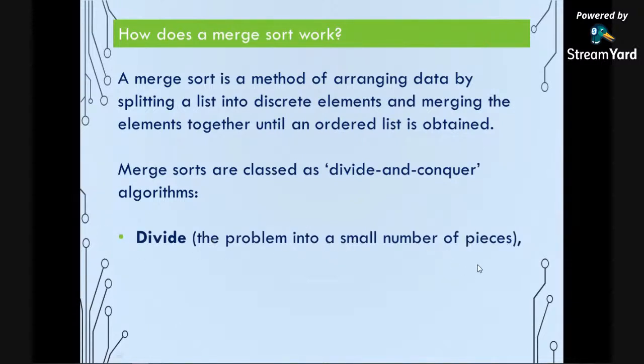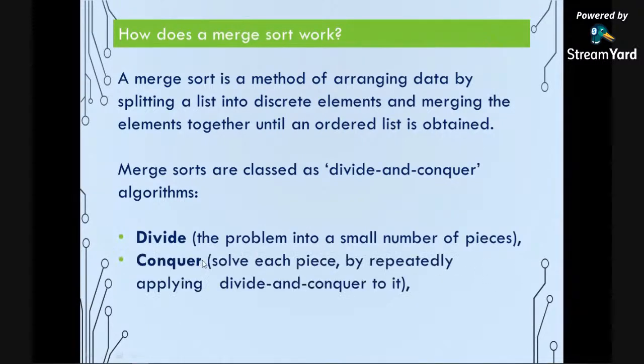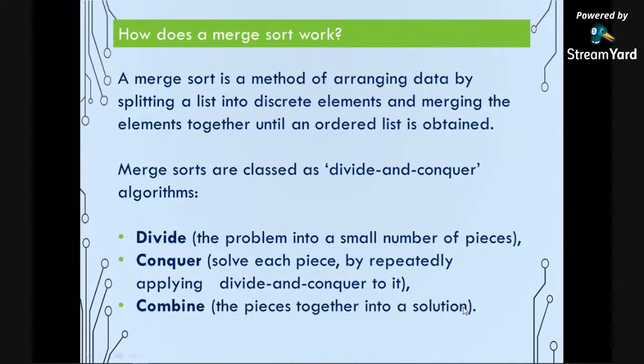You divide the problem into a small number of pieces and conquer by solving each piece by repeatedly dividing each part. So you don't have to look at the whole thing at once. You can look at parts at a time, and then you combine those pieces together into a solution.